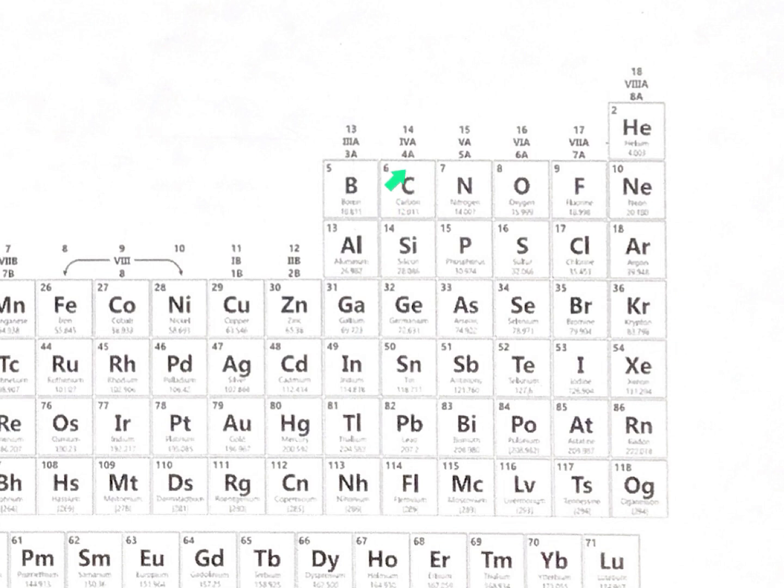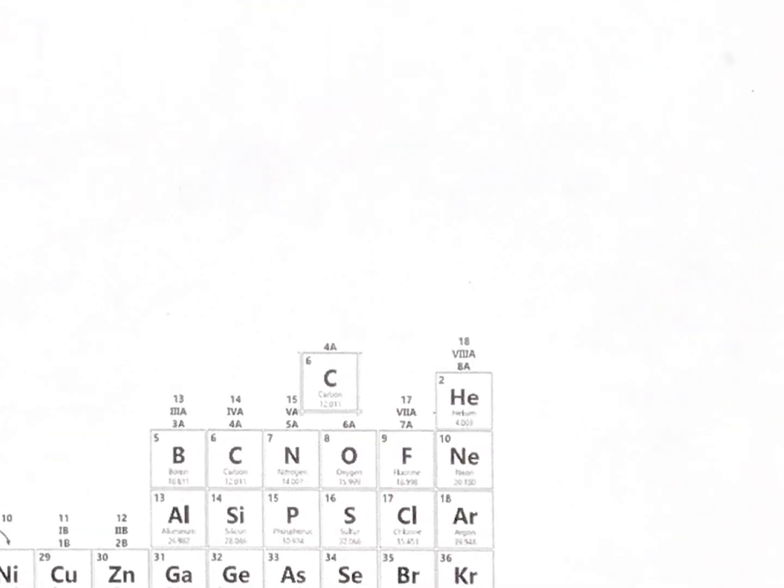So, to understand what these numbers represent, we'll just look at carbon here, and I'll just box this up and move it on up here for our representation. So, this number up top, right here, this 6, is called the atomic number, and that'll be significant in terms of atomic structure for us.